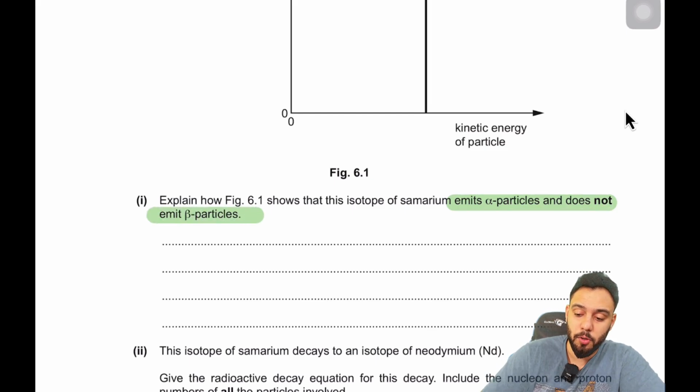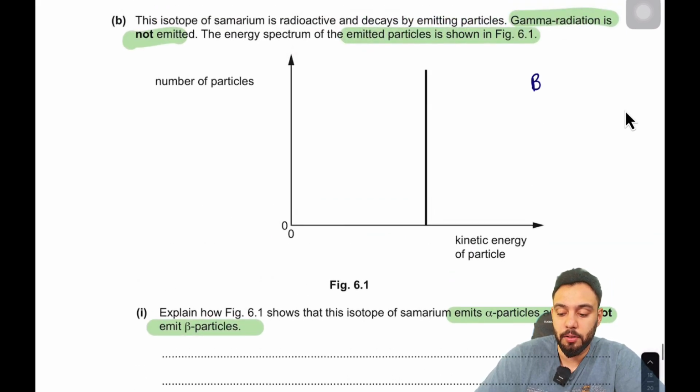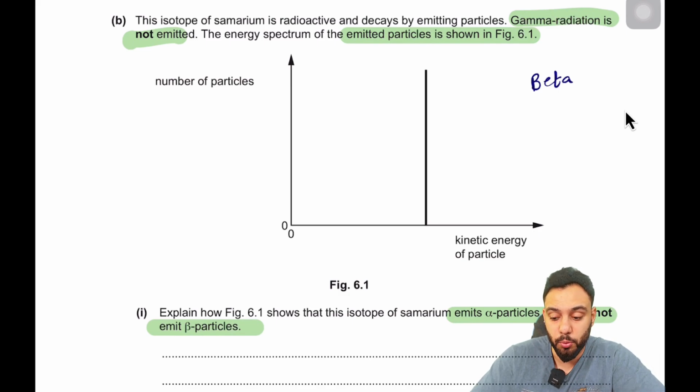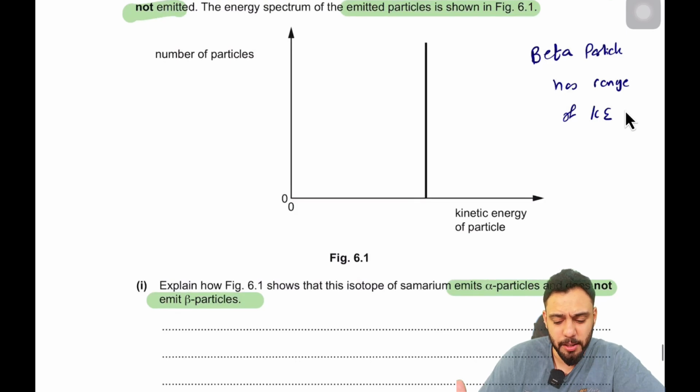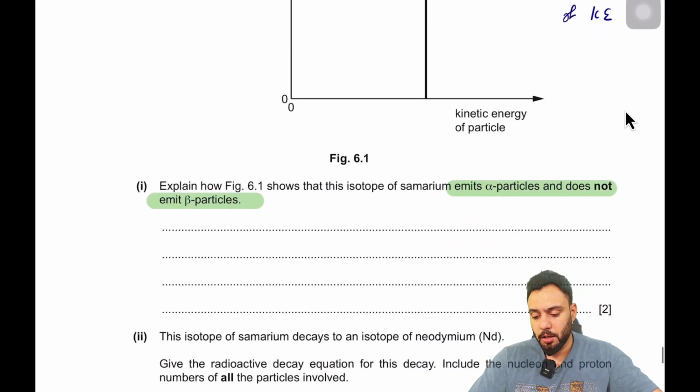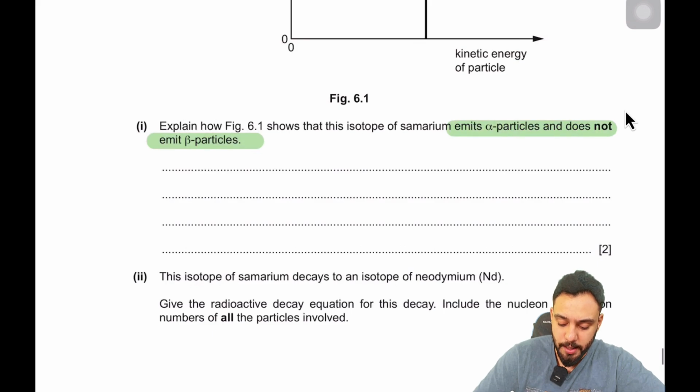So one thing to remember over here, that beta particles, we already discussed that in the previous paper as well, that beta particles has range of kinetic energies, whereas alpha only has one kinetic energy for as many number of particles. So if you increase the number of particles, the alpha particle has the similar kinetic energy. That's discrete.